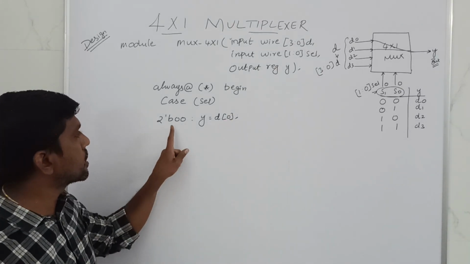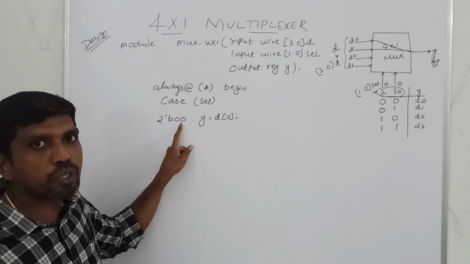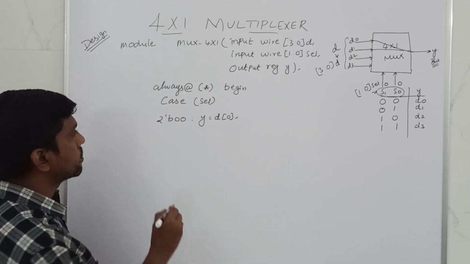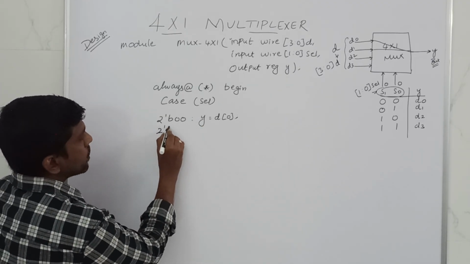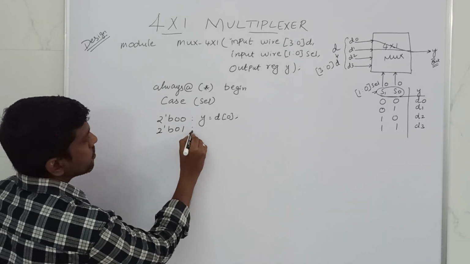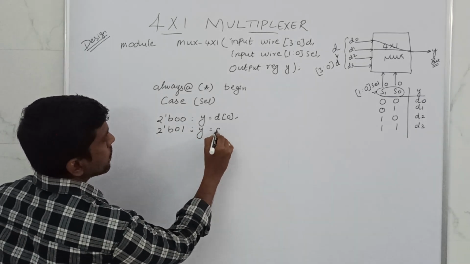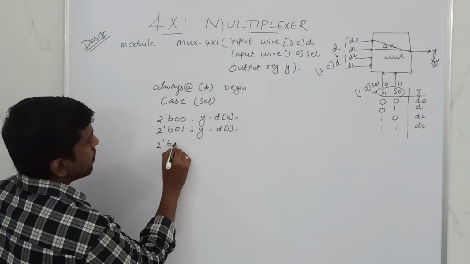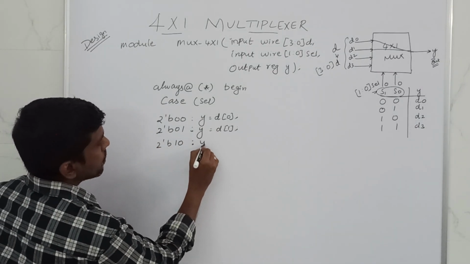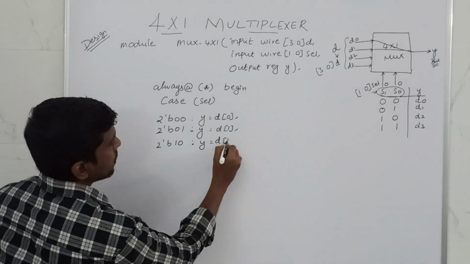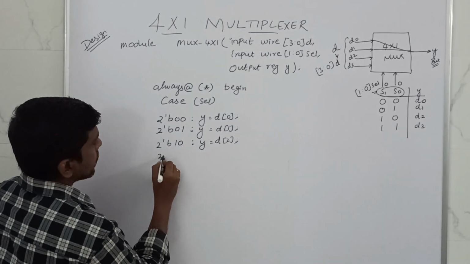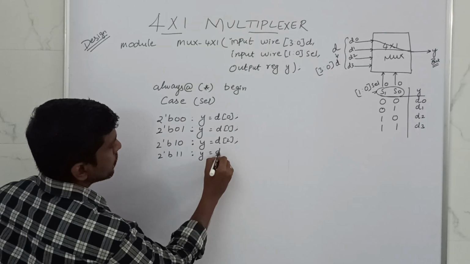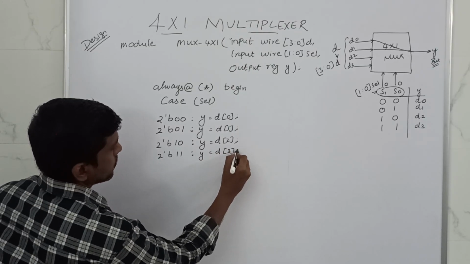So in the first case, selection line values S1 and S0 are both 0, and output Y equals D0. Then the next case 2'b01, output Y equals D[1]. Then 2'b10, Y equals D[2]. The last case 2'b11, Y equals D[3].